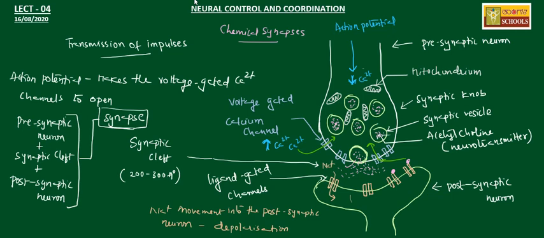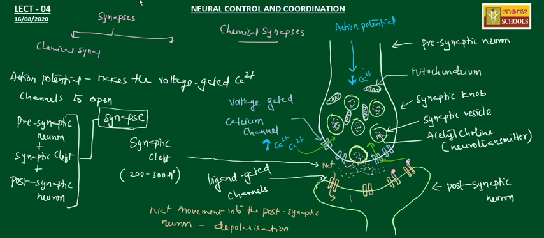So I can say that synapses are classified into two types: one, chemical synapses, and another, electrical synapses.